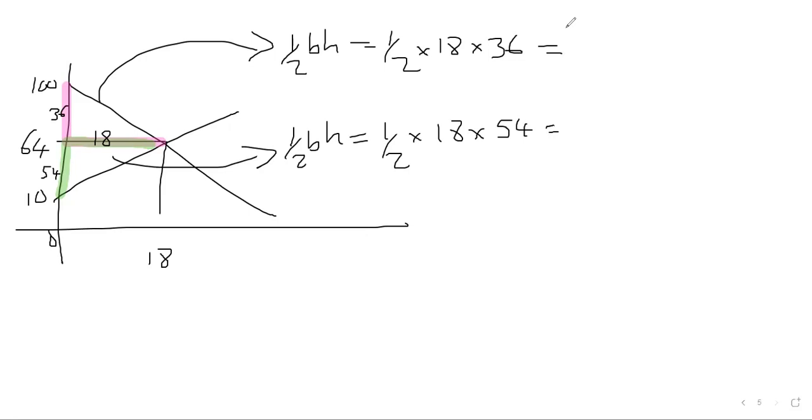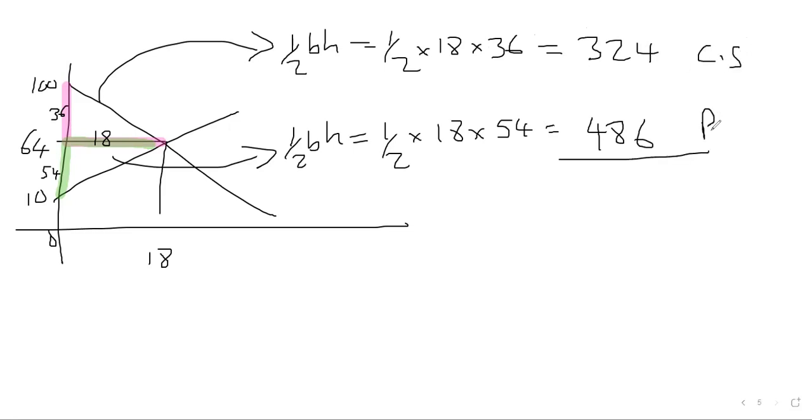So when you compute that, 18 times 36 divided by 2, we're getting 324. 18 times 54 divided by 2. The 2 I'm dividing is just half, 486. So this is called the consumer surplus.